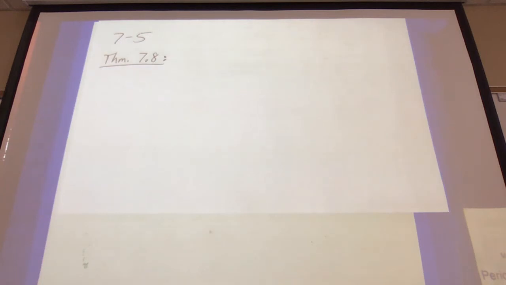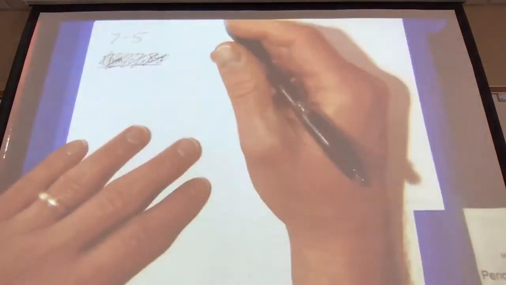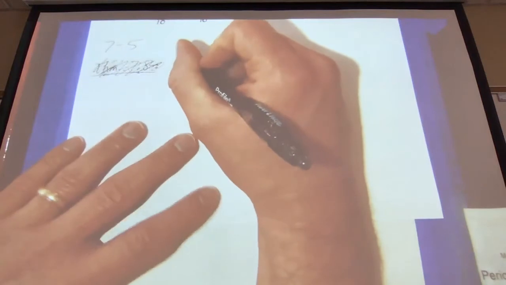I think I'm going to do this differently. Scratch that off. These first three theorems are all going to start the same way. So rather than writing them out 3 different times, we're going to do it this way.